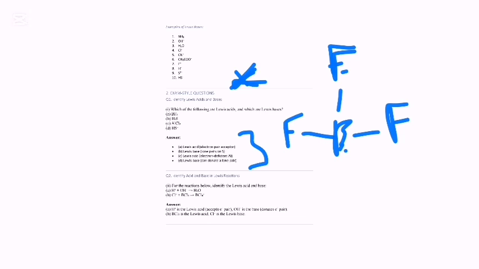The question is, which of the following are Lewis acids and which are Lewis bases? Like the example there, an electron pair acceptor. So this boron acts as an electron pair acceptor. It has accepted electrons from fluorine to become octet state. That is why this boron qualifies to be a Lewis acid.